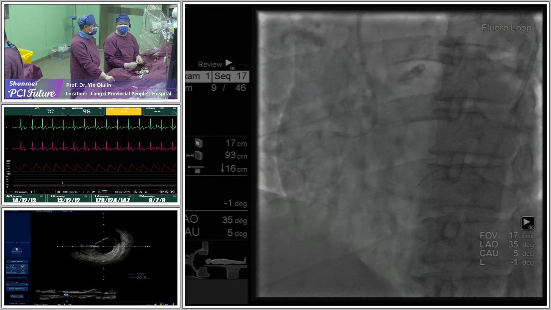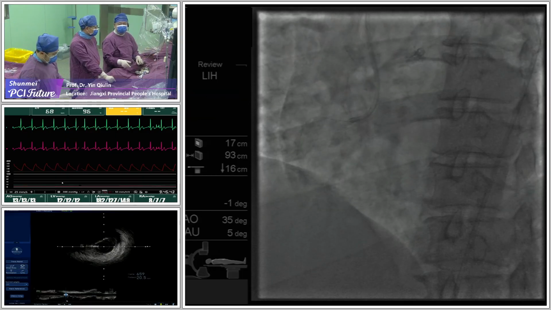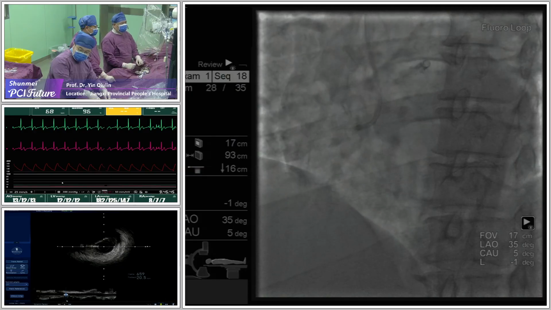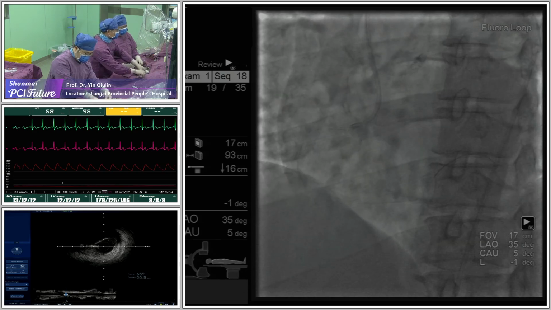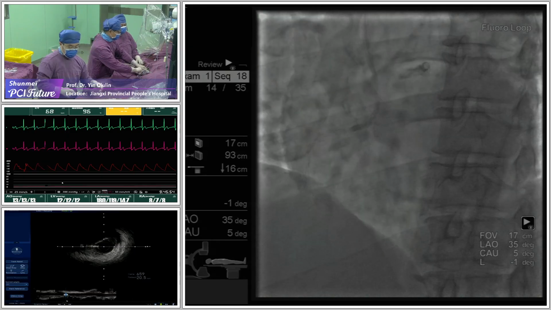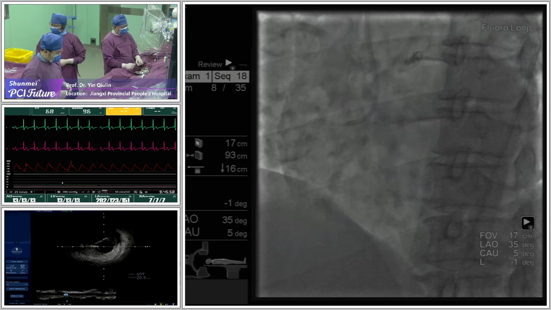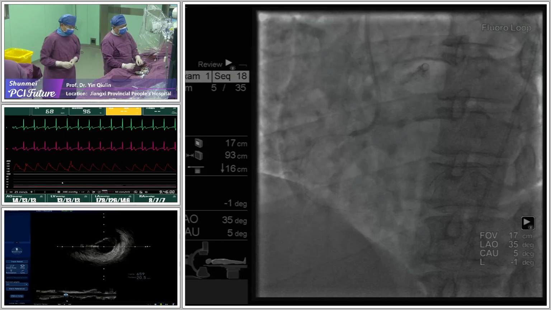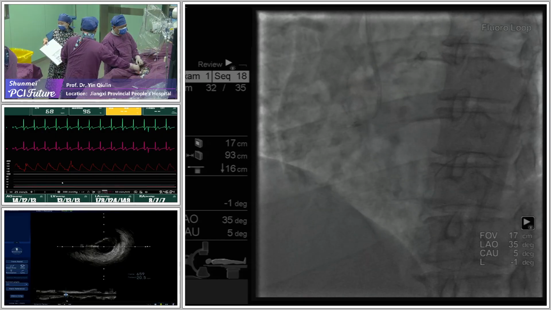This is a Gaia Sir. It's more likely the wire went to the subintimal space. The next one, I changed the wire to XTA.